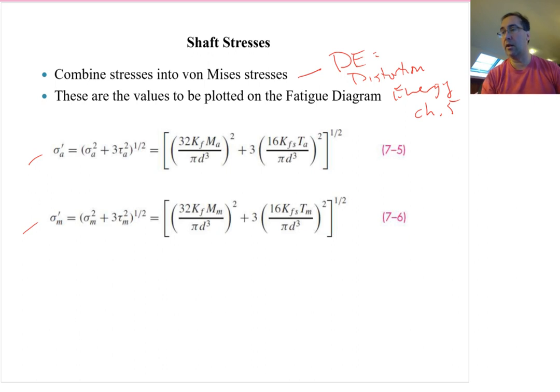So I'm going to say that again. Quiz problem 4, you're going to calculate sigma sub A with K sub F equals 3, M sub A equals 2,000 pound-inches, C equals 2 inches, and I equals 1.5 inches to the fourth. And that will be problem 4 of the quiz.